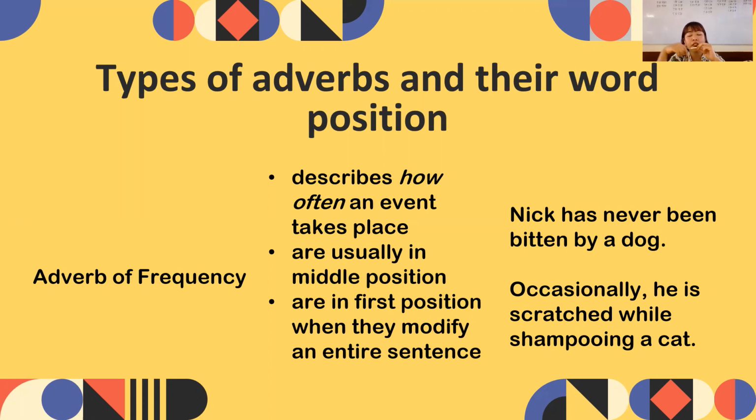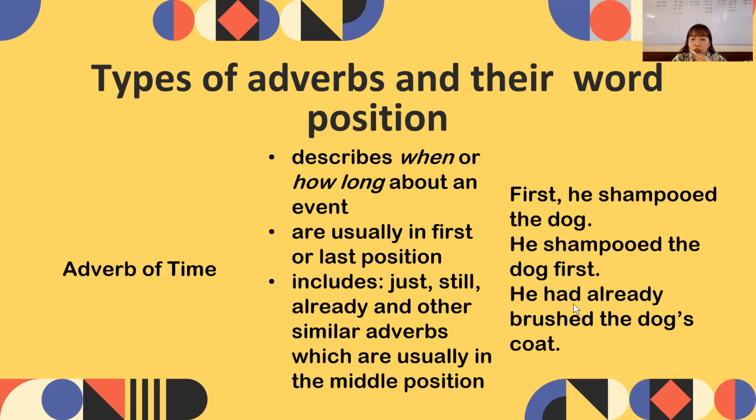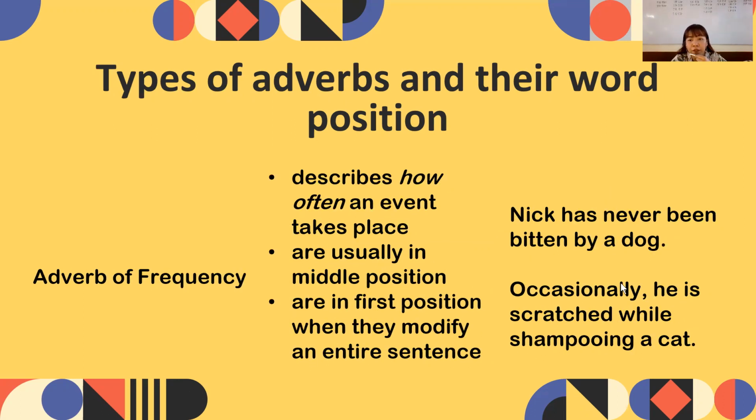So adverbs under adverb of frequency are usually placed in the middle position as well. They are in the first position if they modify an entire sentence. For example, we have here the sentence, Nick has never been bitten by a dog. Same dito kanina sa already, parang ganun din ang formula for the placement of adverb of frequency.